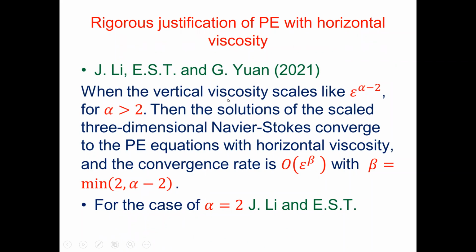When the vertical viscosity scales like epsilon to the power alpha minus 2, for alpha bigger than 2, then the solution of the scaled Navier-Stokes equations also converges to the primitive equations, but now the order of convergence is epsilon to the power beta, where beta equals 2 minus alpha minus 2.